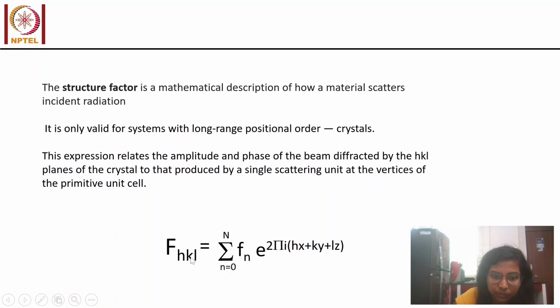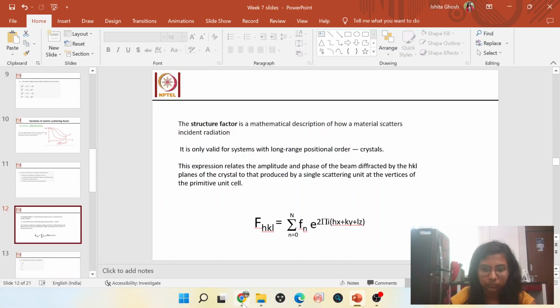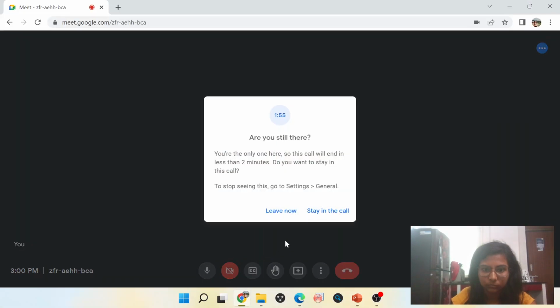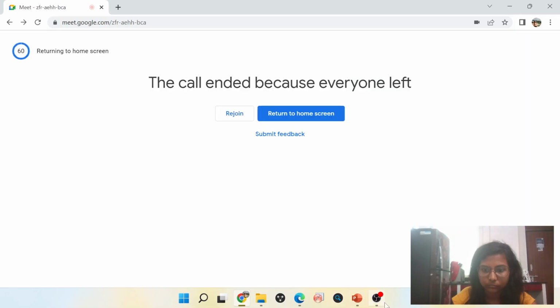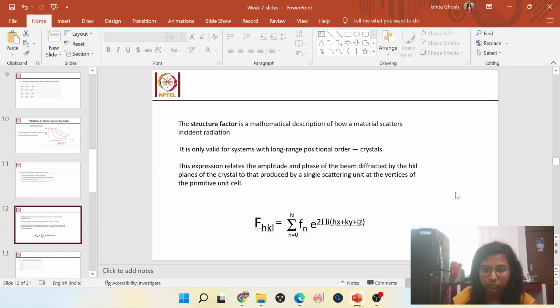Why do we consider planes? Because in crystallography the idea we follow is Bragg's law. What is the core of Bragg's law?